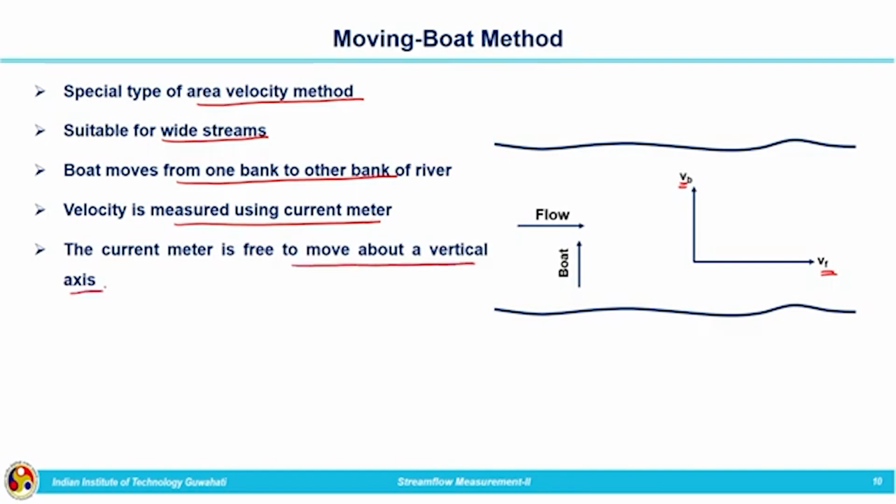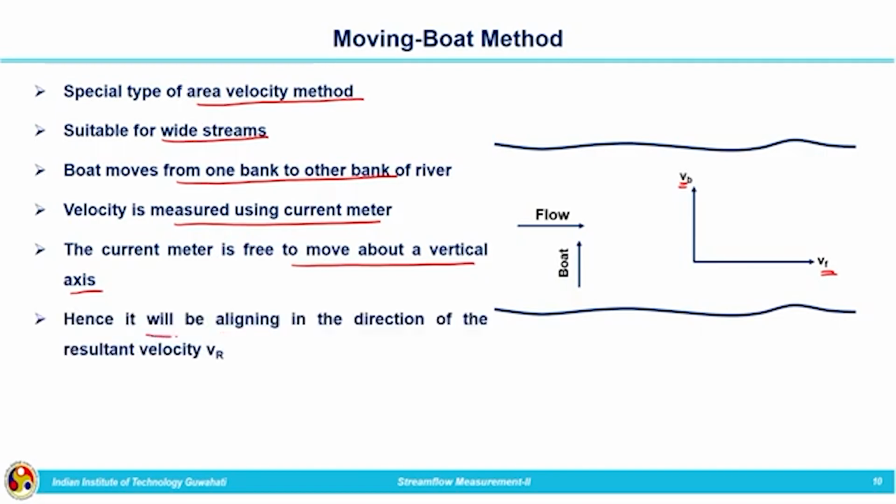So definitely the boat is moving with a velocity across the river Vb and also the flow is along the river, flow velocity is represented by Vf. So the current meter will be held in a position resultant to the velocity of Vb and Vf. The current meter will be aligning in the direction of the resultant velocity Vr. It is free to move about the vertical axis.